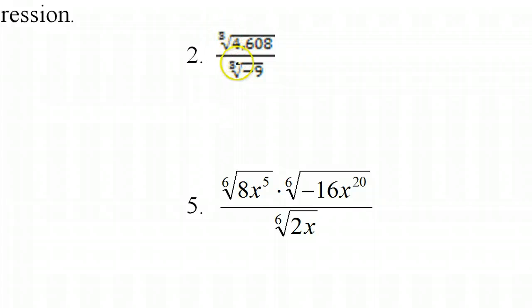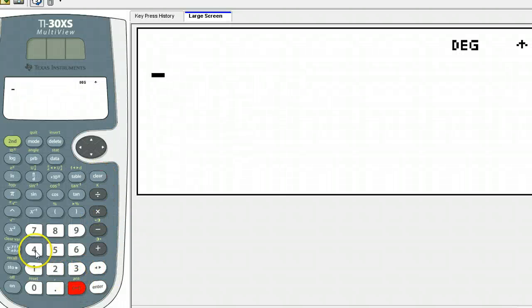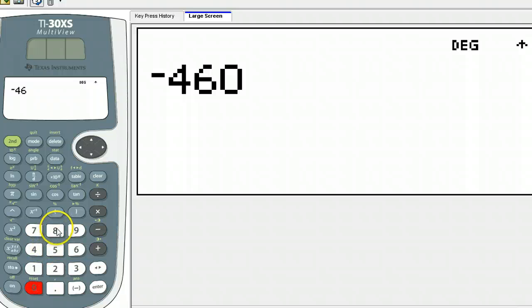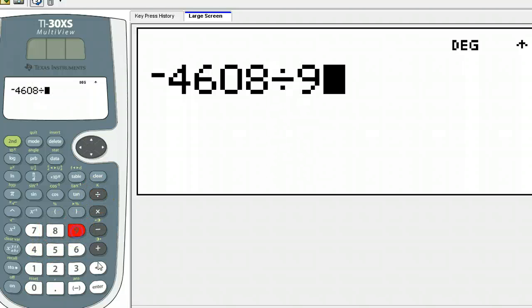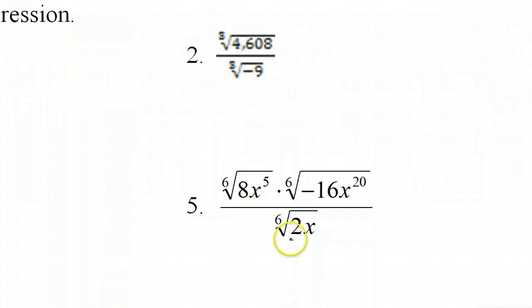Now, here I got the cube root. Since they're both cube roots, that means I can go ahead and do this division. And it turns out to be negative 512.